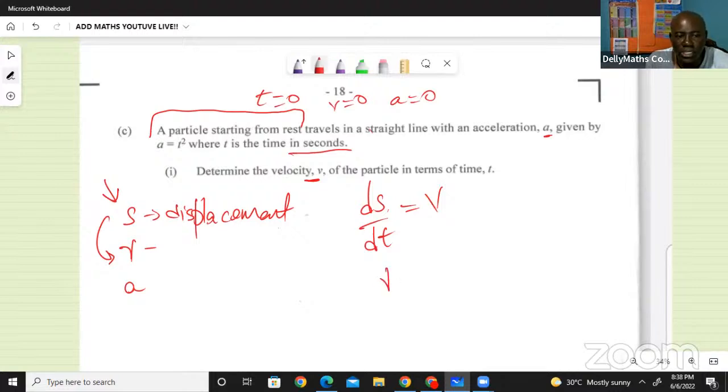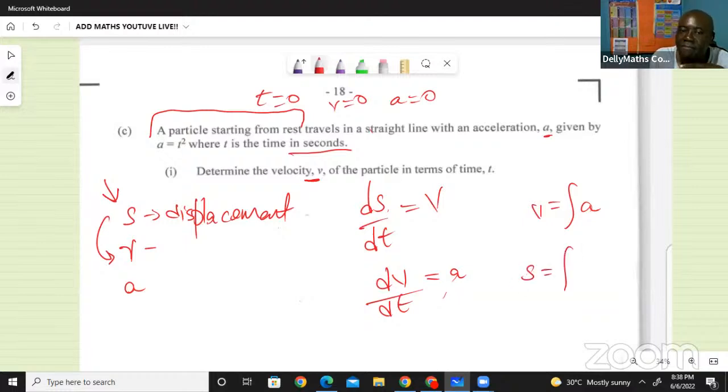Now, if I do dv/dt, I am dealing with velocity changing with time. I get acceleration. So you can see that if I integrate acceleration, I get velocity. And if I integrate velocity, I get displacement.